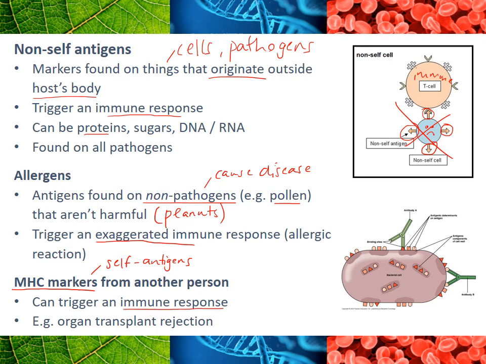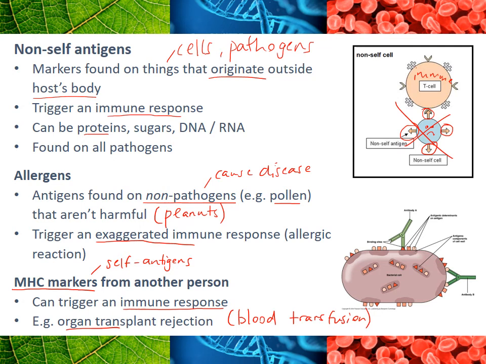A really common example of that is if someone had an organ transplant, or even say a blood transfusion, the person who receives that organ or that blood, their body can reject it.